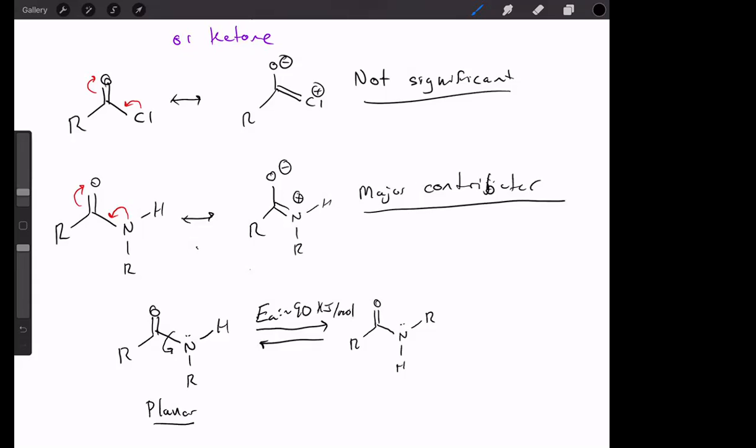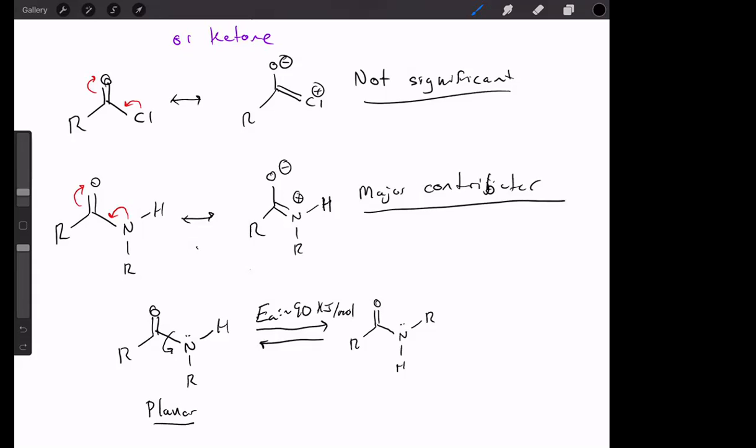We're not going to talk about it in this particular course, but if you get into a junior or senior level biochemistry course, you'll dig deeper into protein structure, and you'll see that this particular resonance contributor is why alpha helices form in the first place. Okay.